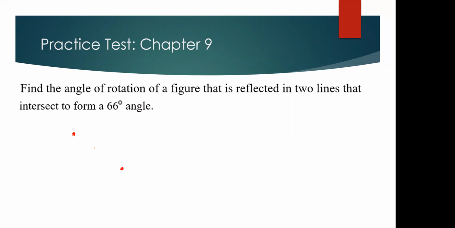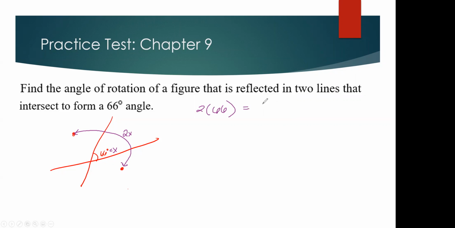And they are reflected in two lines that intersect to form a 66-degree angle. So you have these 2 lines, and here it would be 66 degrees. We want to know the angle of rotation from here to here. So remember, if this is equal to x, this would be 2x. So we would multiply 2 times 66, which is equal to 132 degrees.